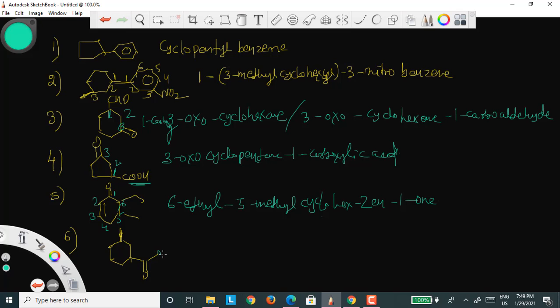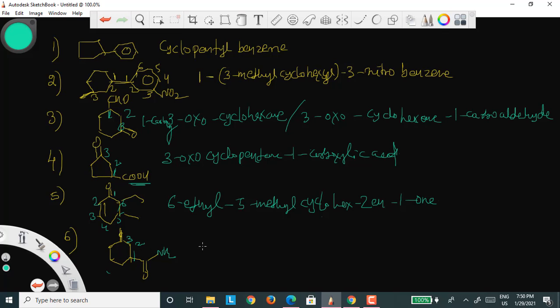So let us make it NH2 here. So this one, what name can you give? This is the functional group, 1, 2, 3. This way numbering should come, not this way. There is no substituent on this side, so this side 1, 2, 3 is coming.